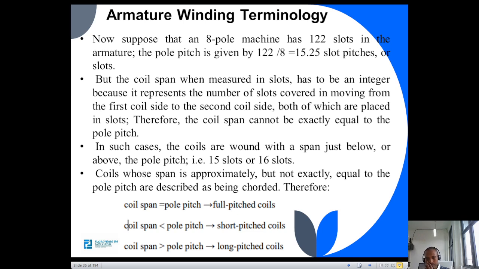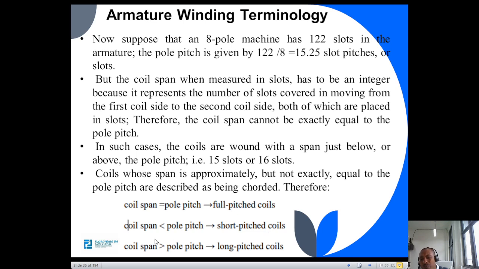So if the coil span is equal to the pole pitch, which is 180 degrees, we call such a coil a full pitched coil. But if the coil span is less than the pole pitch, it is called a short pitched coil.